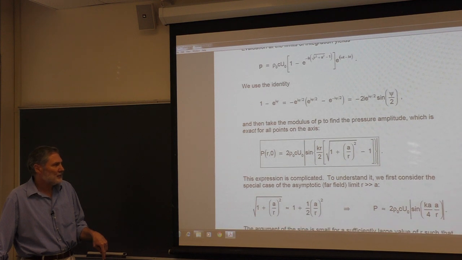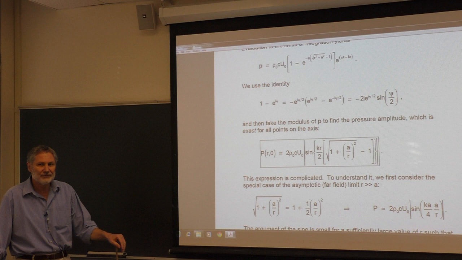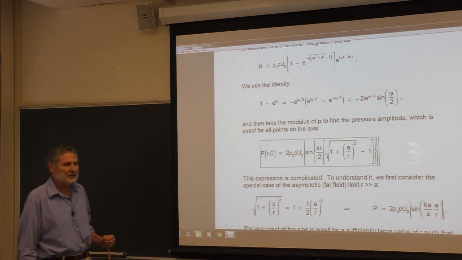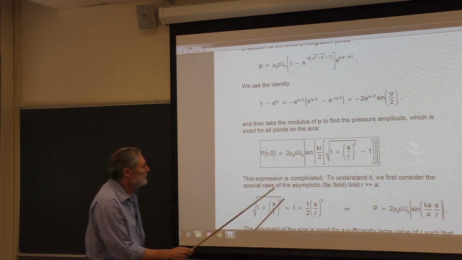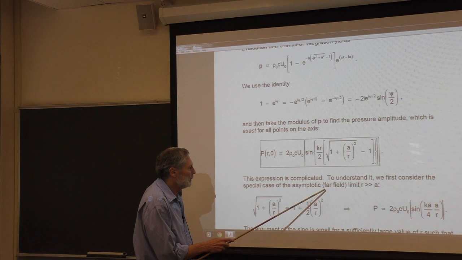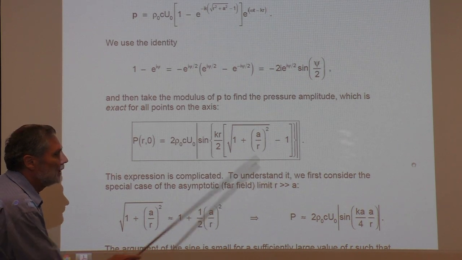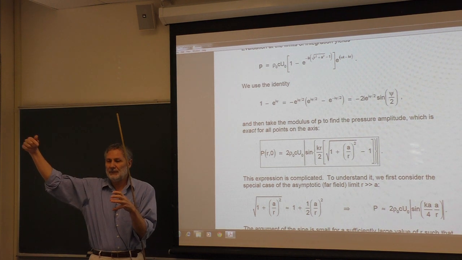So, how do we appreciate this? Well, the first thing is pretty obvious, right? Far away, we know that it's got to get simple. So here we are. What we've been calling the far field limit is where your field point, you have a source, and you're observing the source.